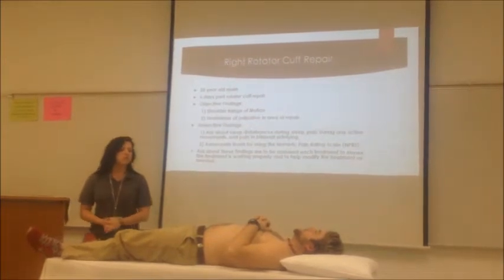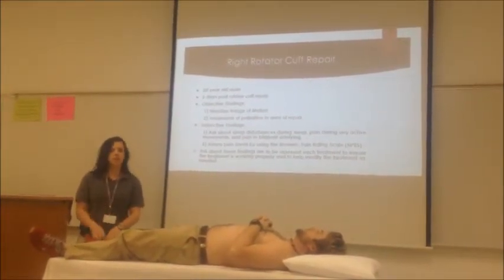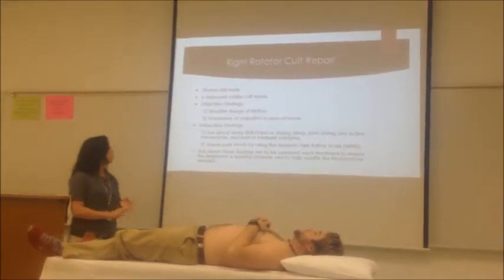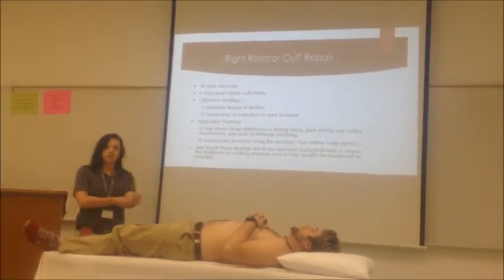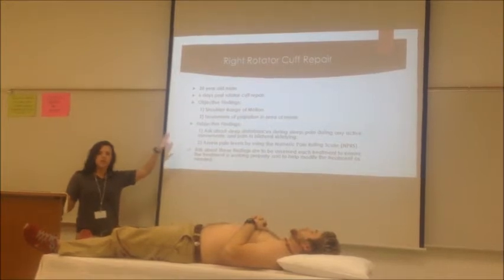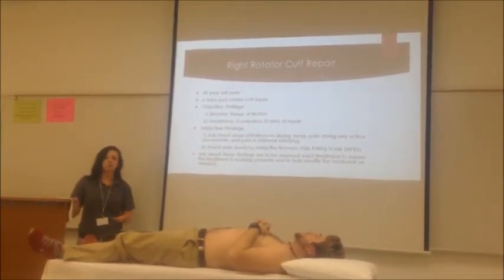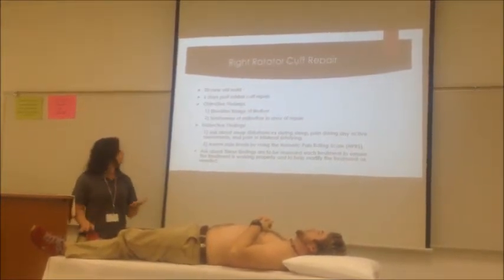When working with this patient, there are 4 things you want to assess each treatment. Two objective findings that you can assess are shoulder range of motion, whether it be flexion, abduction, or external rotation, but in the initial phase it's going to be more passive because you don't want to apply stress to the healing rotator cuff.